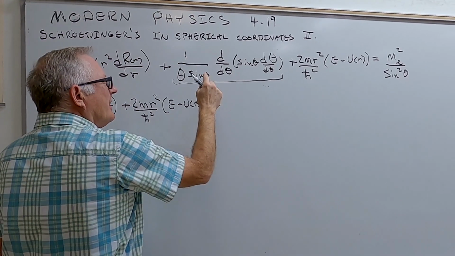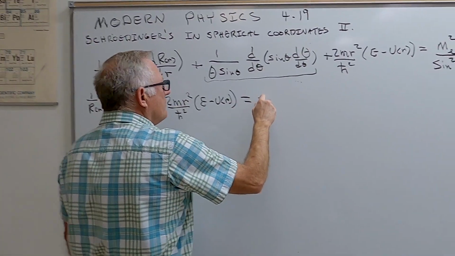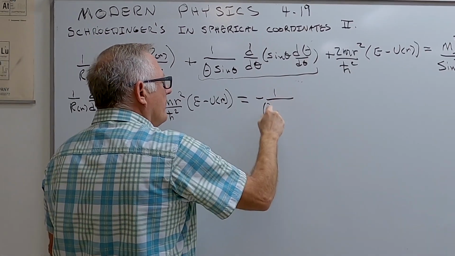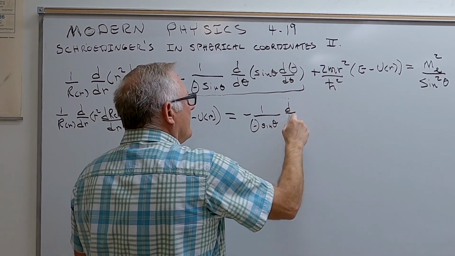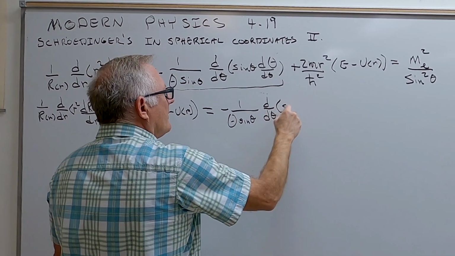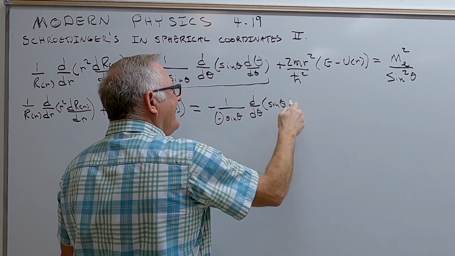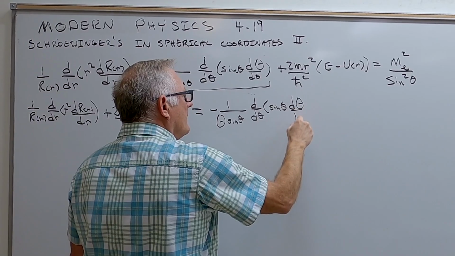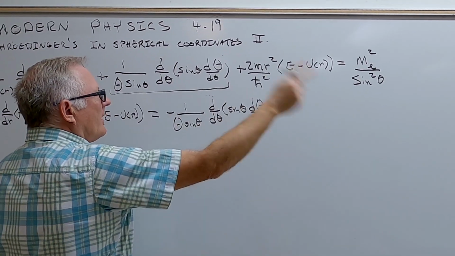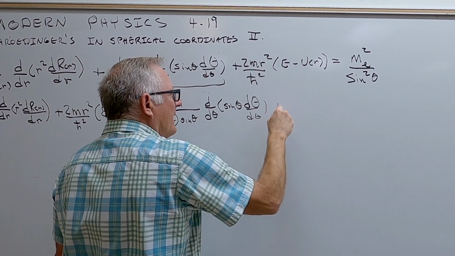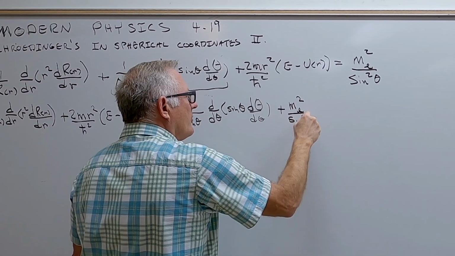And that equals, this term is going to be negative because I'm taking it to the other side, so it's minus 1 over big theta sine theta, d d theta of sine theta d big theta d theta. So it takes care of this term when I brought it over there. And then I also have that term plus m sub l squared over sine squared theta.